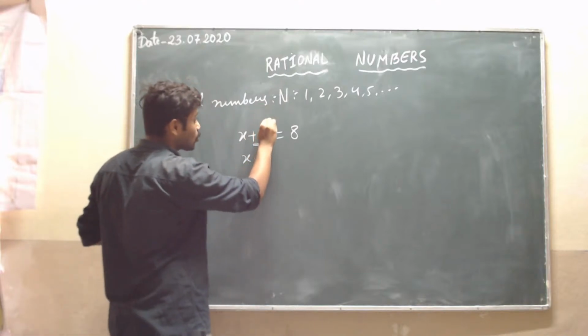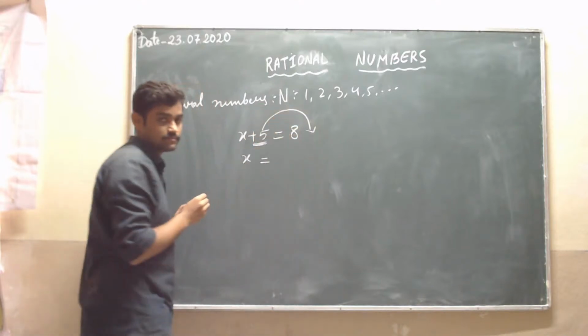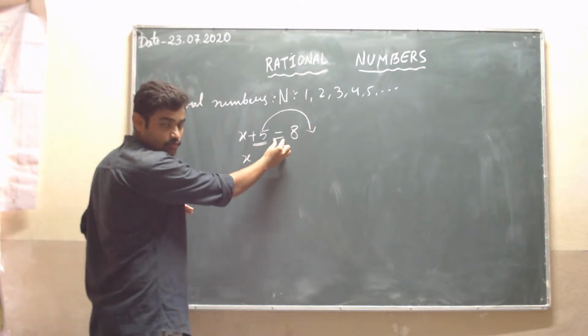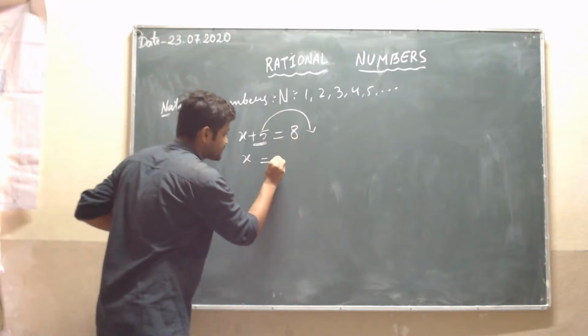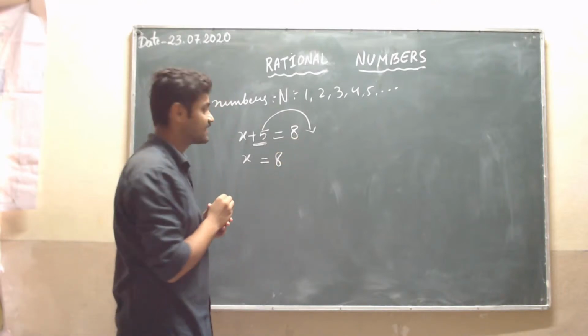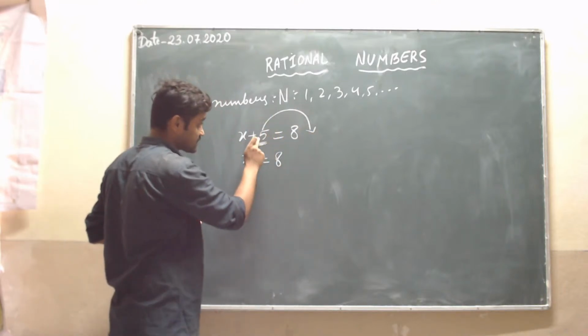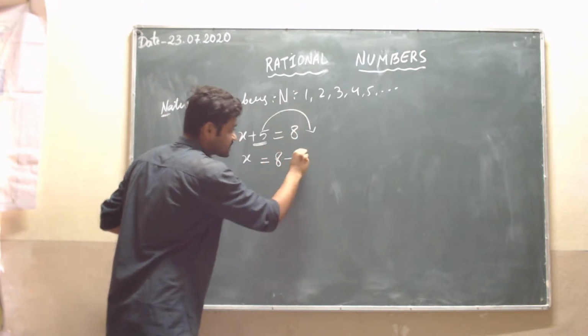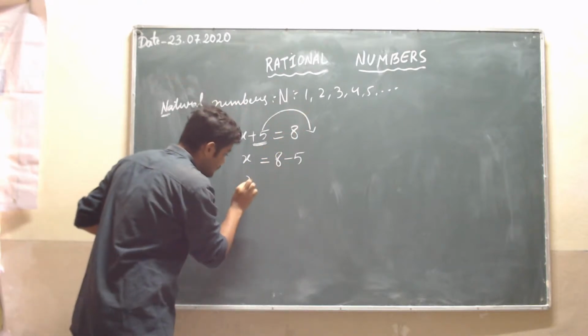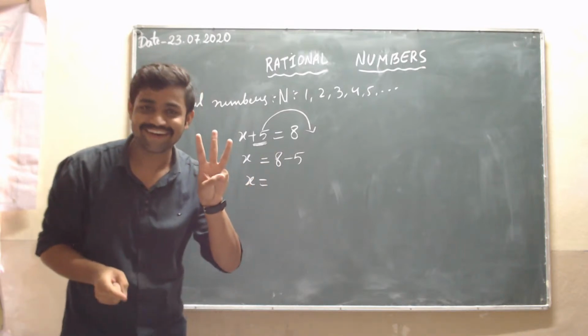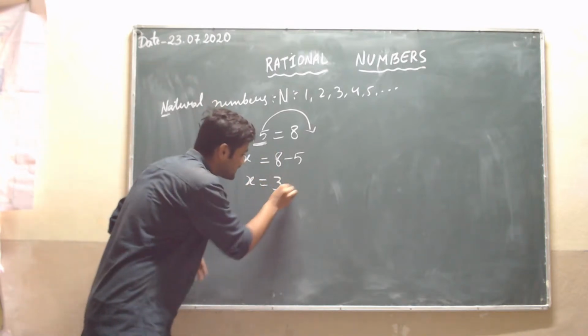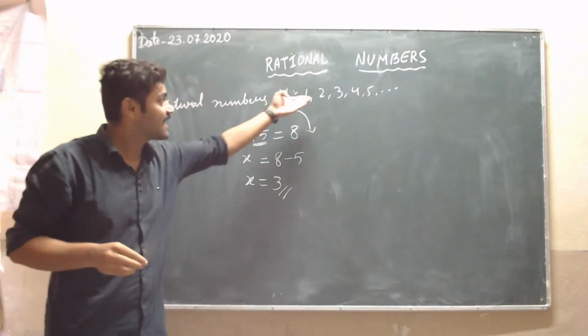When it goes to this side, that means when it crosses the border, it becomes negative. Plus 5 becomes minus 5. Yes, x is equal to 8 minus 5, that is 3. Then we can say that 3 is a natural number.